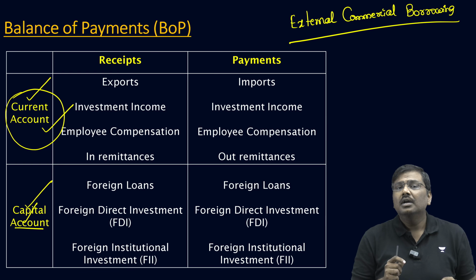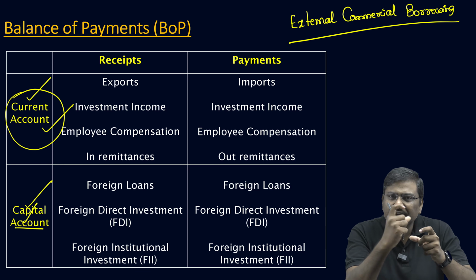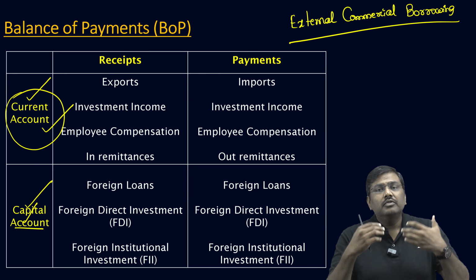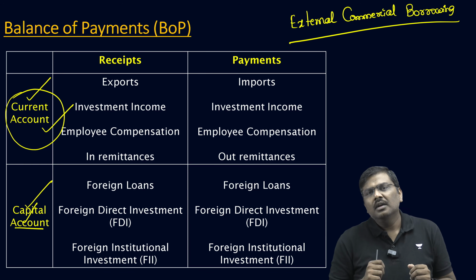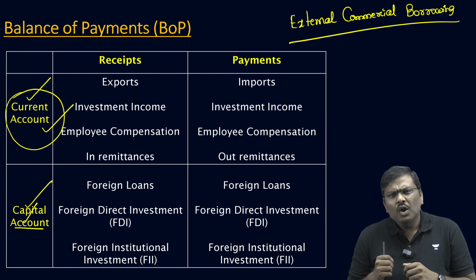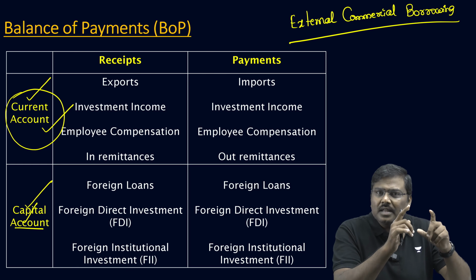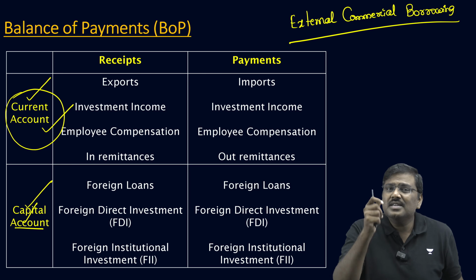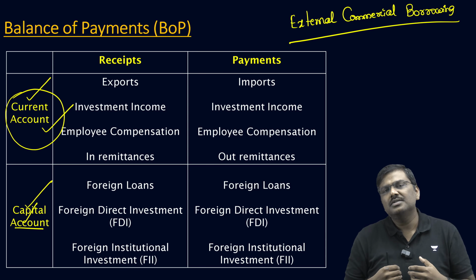In the past, the UPSC has asked questions regarding the transactions present in these accounts. For example, some time ago, I spoke about remittances. If you have read the budget documents, the economic survey, or even the World Bank report, which is very often cited in the newspapers, you will know that India is the largest recipient in the world of remittances.